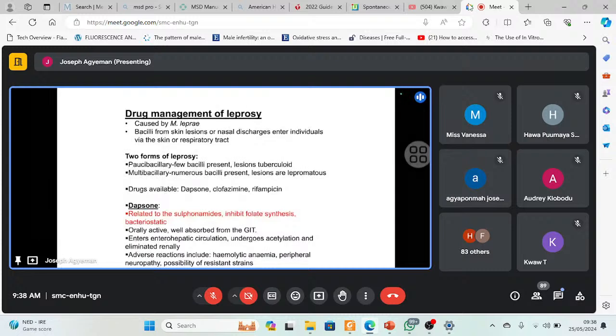This makes the condition present clinically with signs or symptoms like skin patches, that's the lesions. These are normally not painful. So they have what we call paresthesia, painless skin lesions, because you have peripheral neuron destruction.